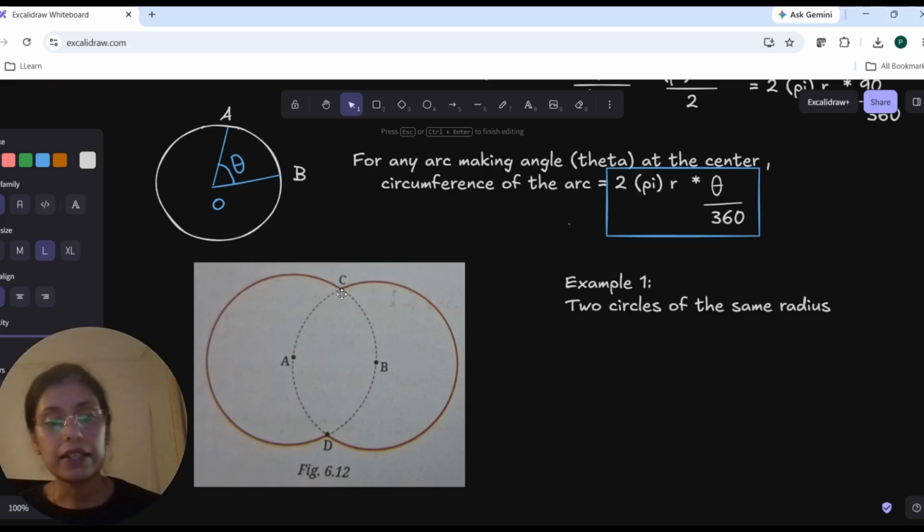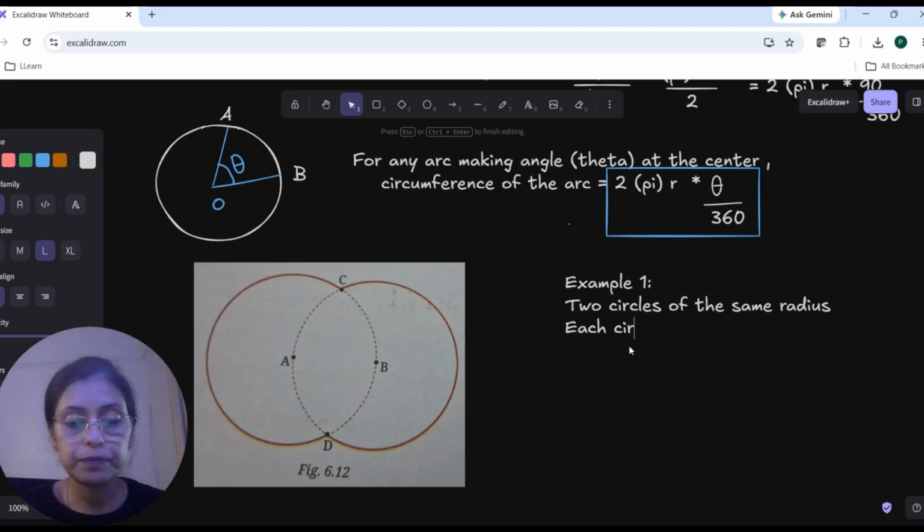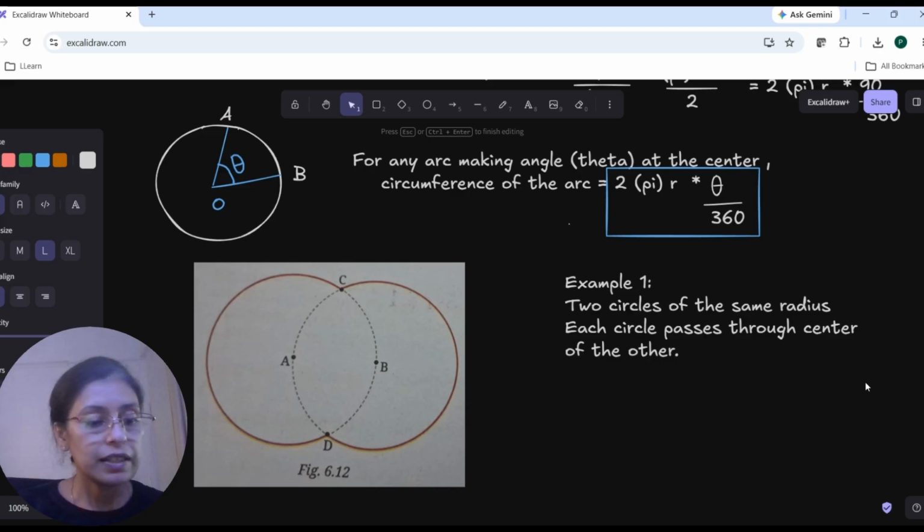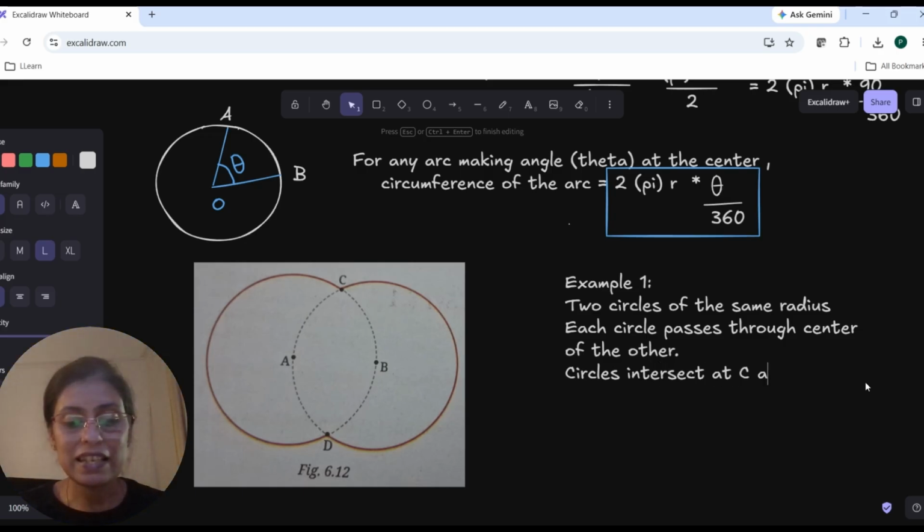And they both are intersecting at the points C and D. So each circle passes through the center of the other, and the circles intersect at C and D.